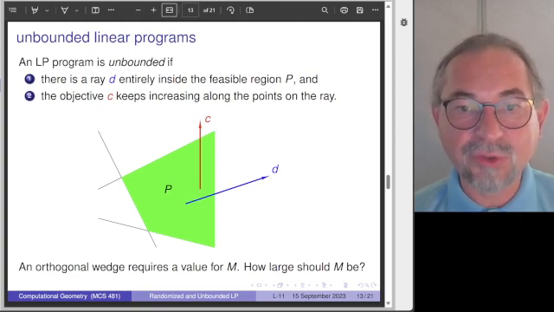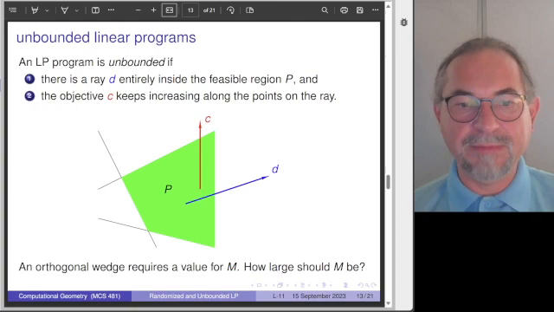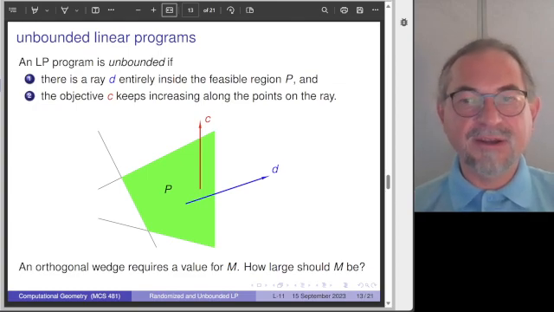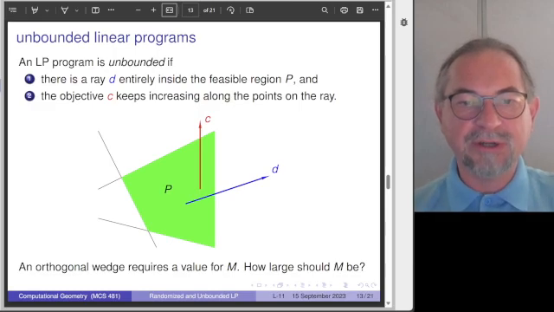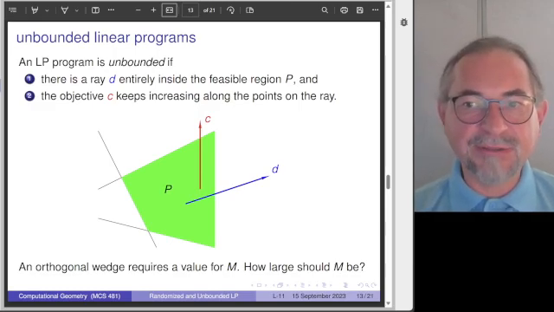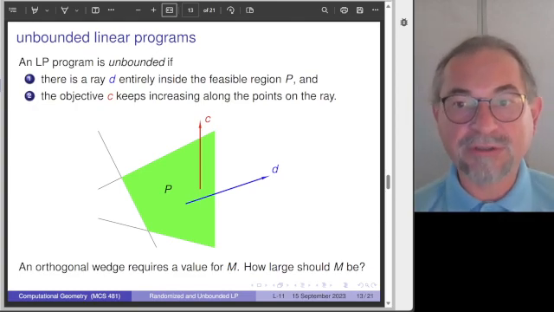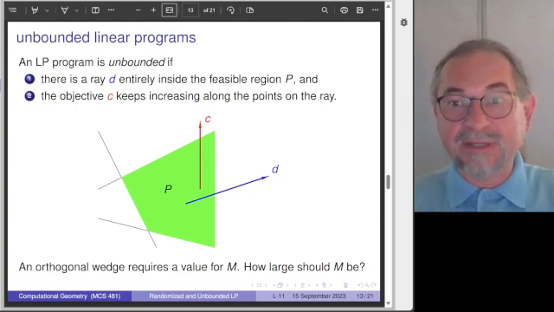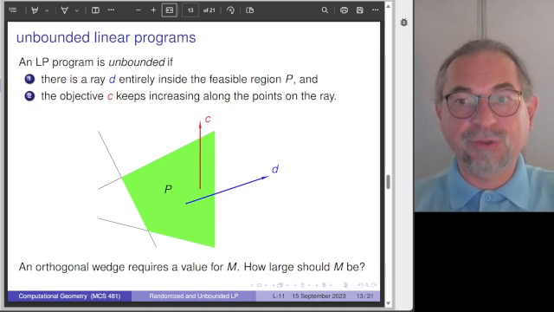The way we resolved it, we made any linear program bounded by working with orthogonal edges. And that worked. You could say it's equivalent to when you plot something, you choose your viewing window.